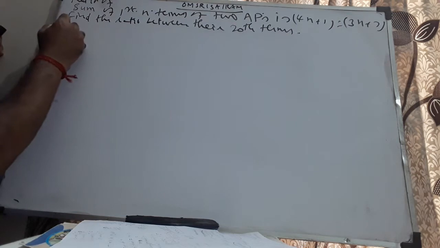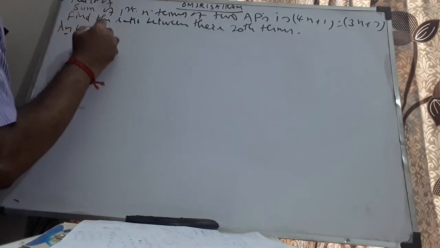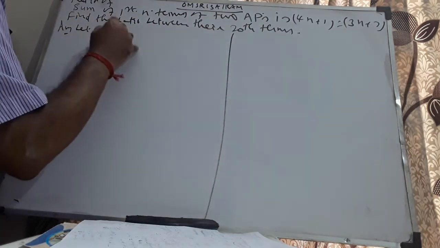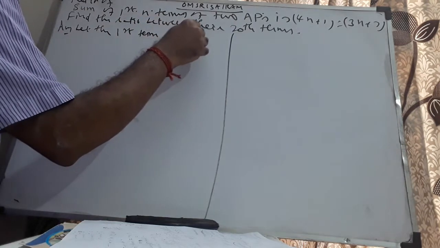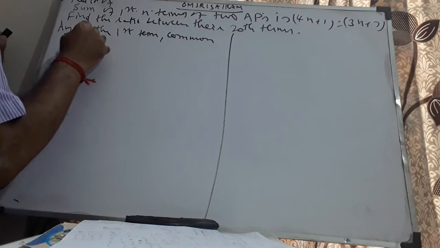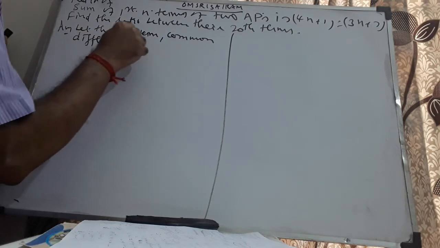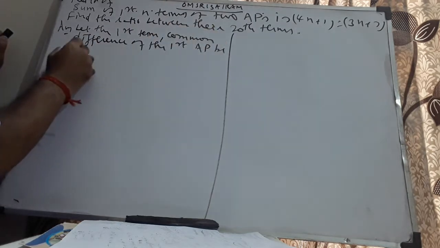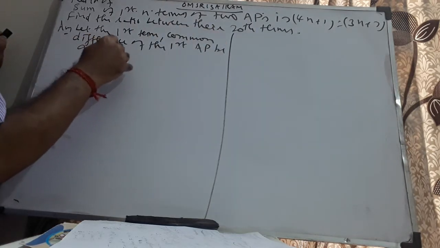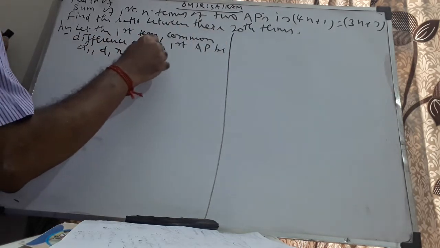Okay, listen carefully. Let the first term and common difference of the first AP be A1, D1 respectively.